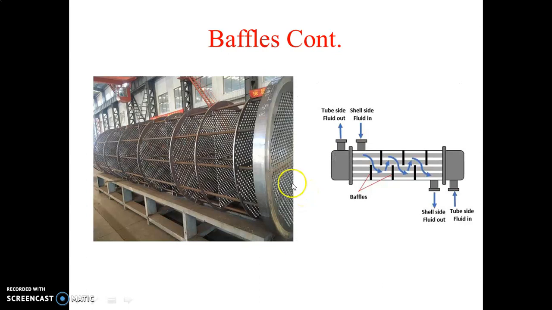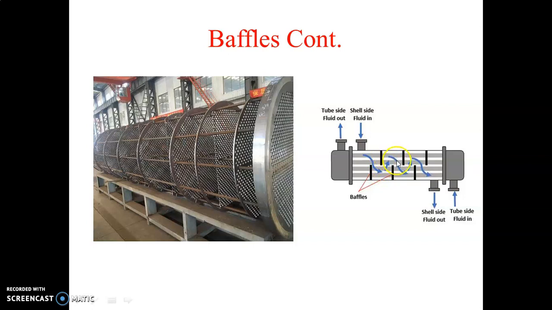Now let us look at how the baffle actually looks. This is the actual photo of the baffles. These are the holes drilled in the metal sheet. If the shell side fluid is flowing in this direction, it will come first here, and then it will turn in this direction.